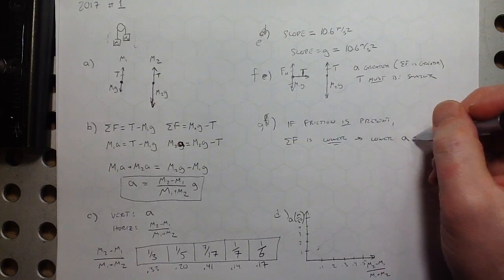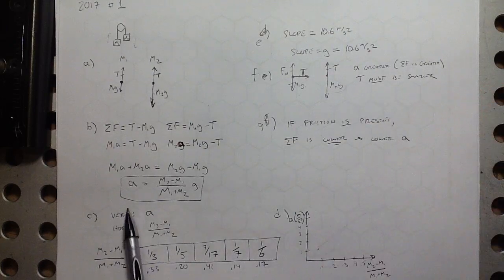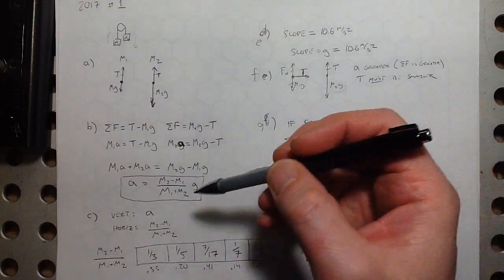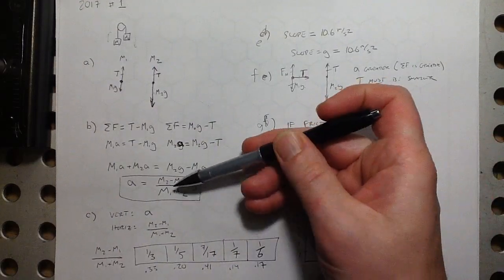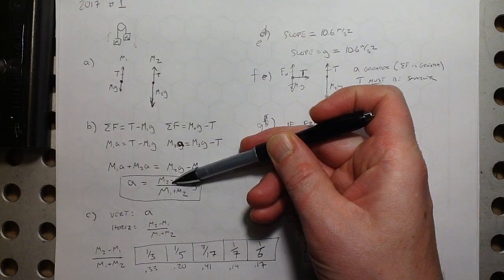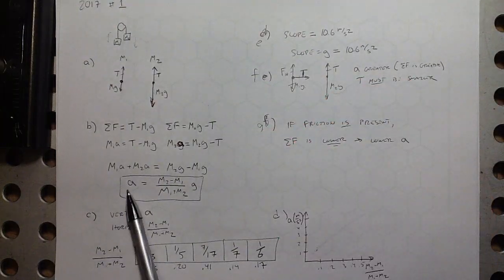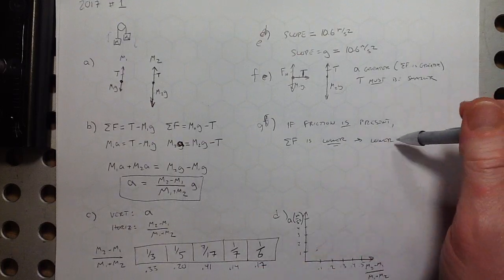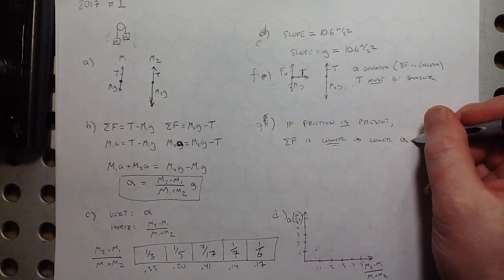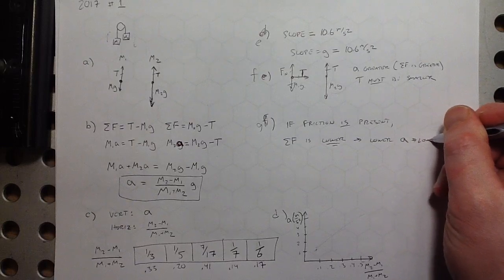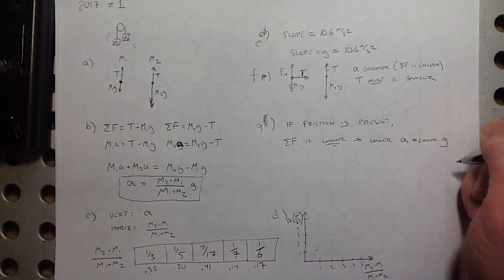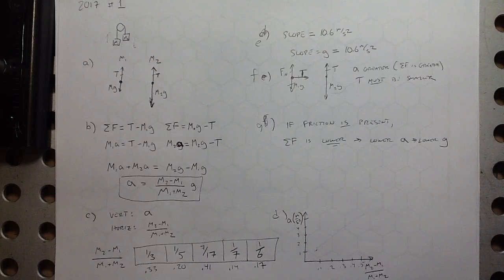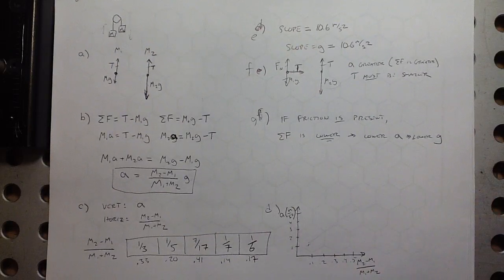And a lower value for a, remember how we're doing this, this equation will look a little different now. The M1 will be gone there, right? But still a, if a is lower, then g is lower. So lower a would imply a lower value for g. So friction would be the culprit there.